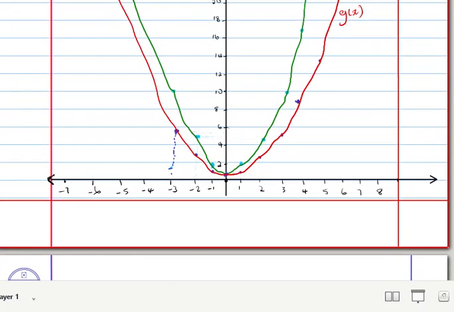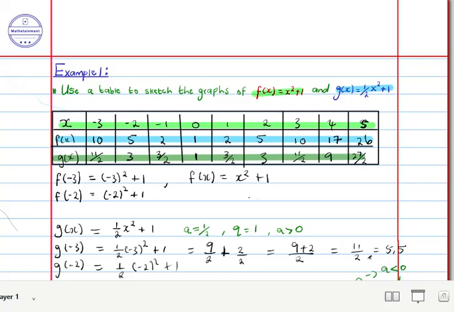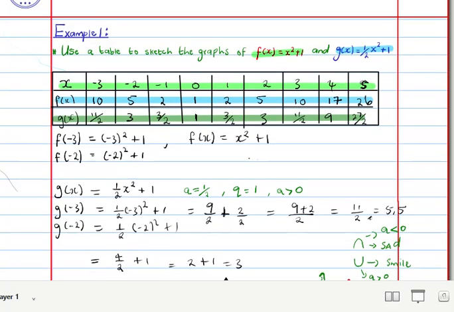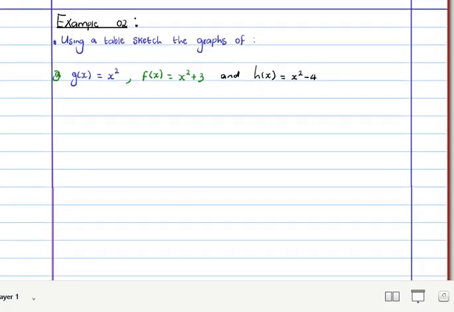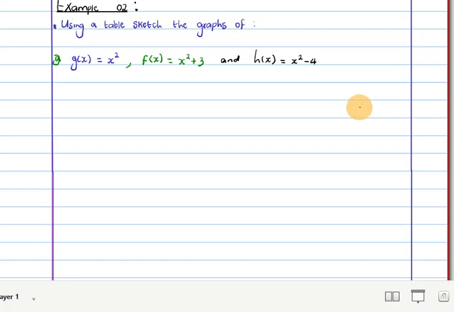So you see here I was given two functions, f at x and g at x. Now I am given three functions, g at x, f at x, and h at x. Before I even draw these graphs, first thing first, I know that the parabola is expressed as, let me write it in equation notation, y is equal to a x squared plus q.